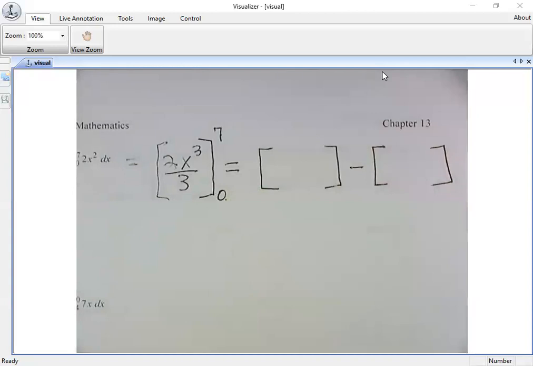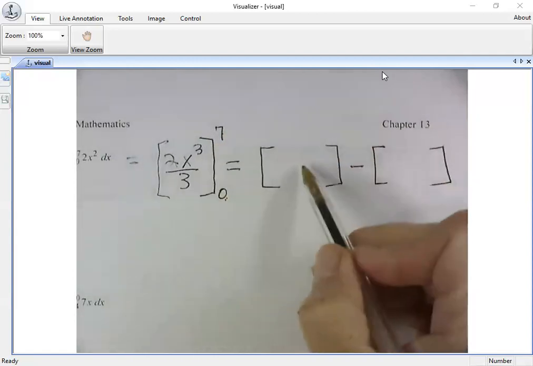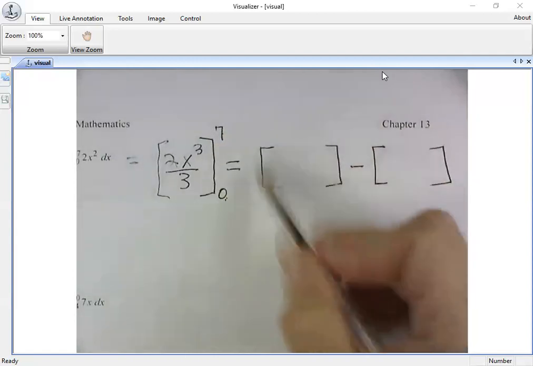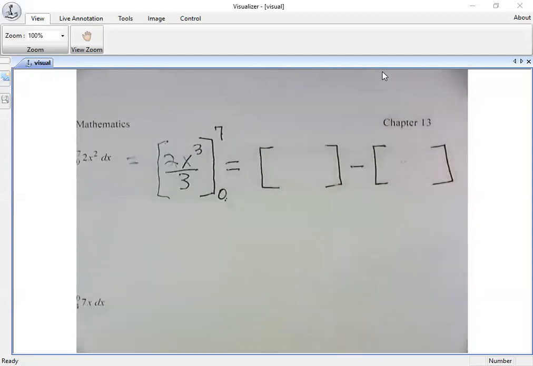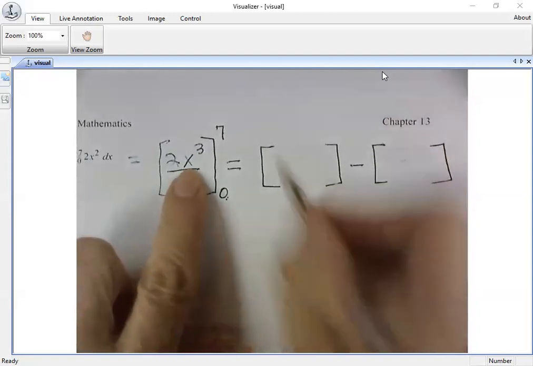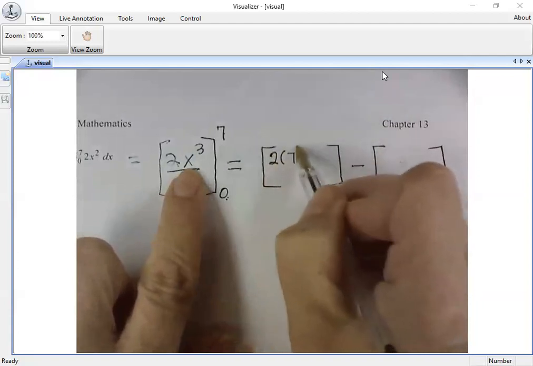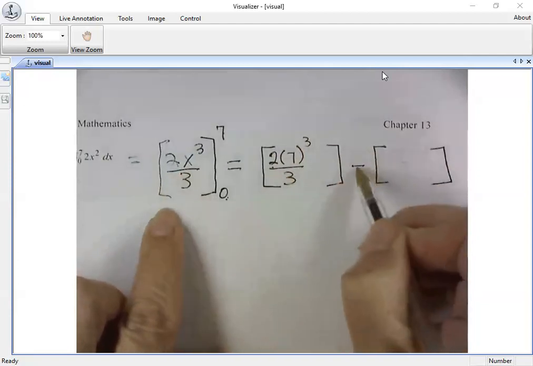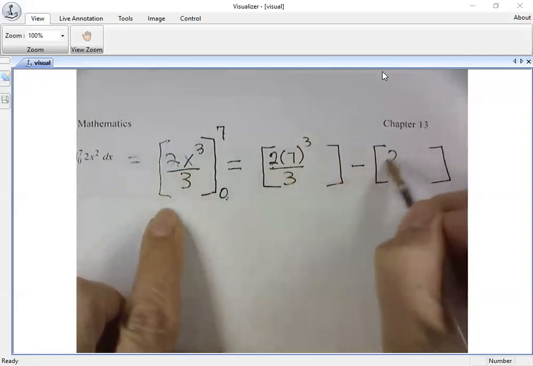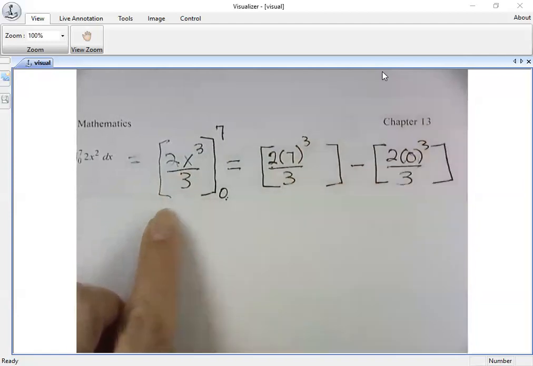That's why typically you would have the lower on the bottom and the upper on the top, because you would expect I'm going to have more here and take away this part. So we're going to put 7 in for x. We'll have 2 times 7 to the 3rd power divided by 3, and we're going to subtract 2 times 0 to the 3rd power divided by 3.